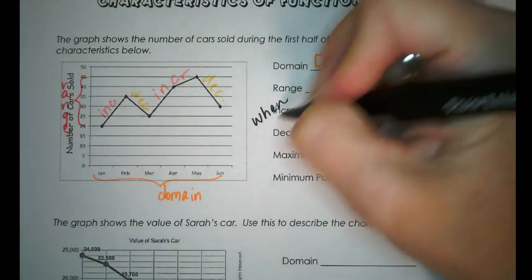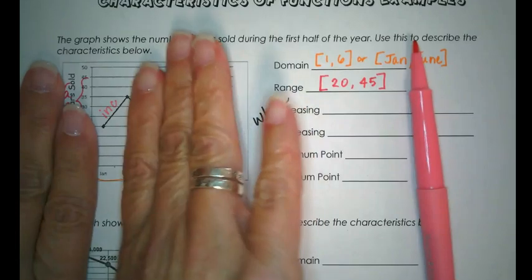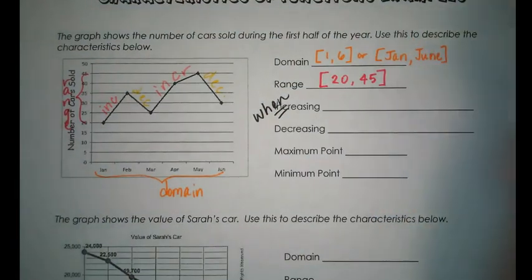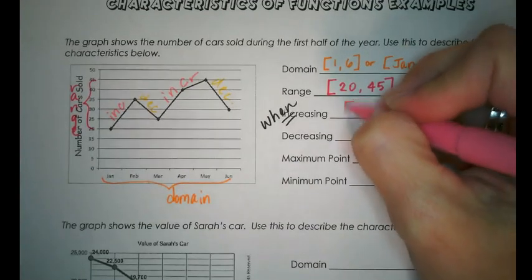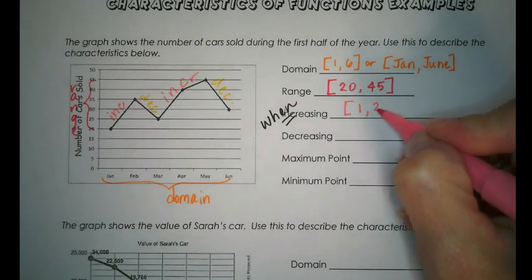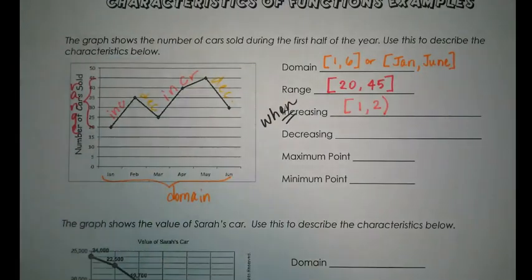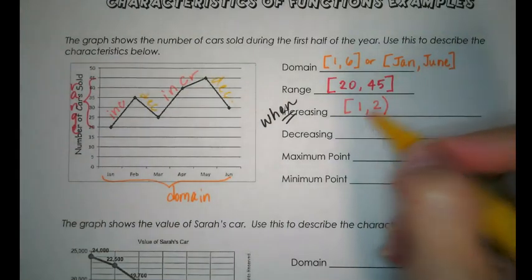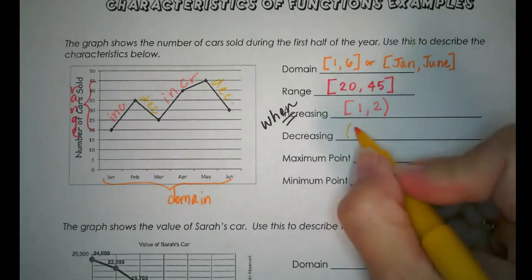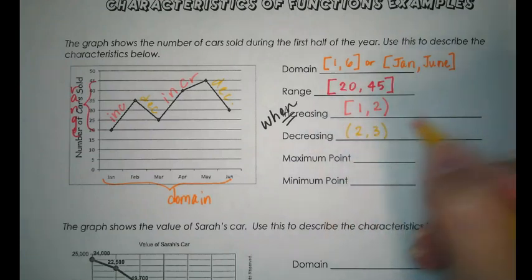So this is going to be when. All right, so car sales increased from January to February. So I'm going to use the numbers. So starting in January, our sales increased from January to February, but it didn't end at February. It just turned. And then my car sales decreased between February and March, but it didn't stop in March.